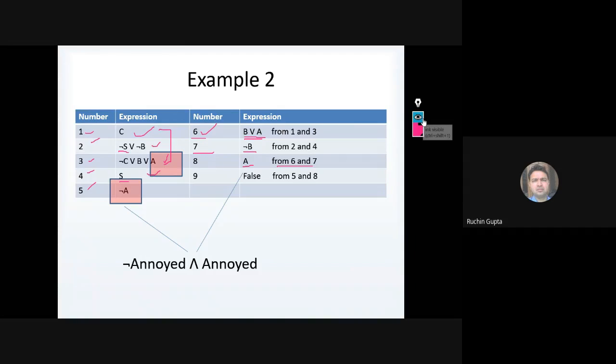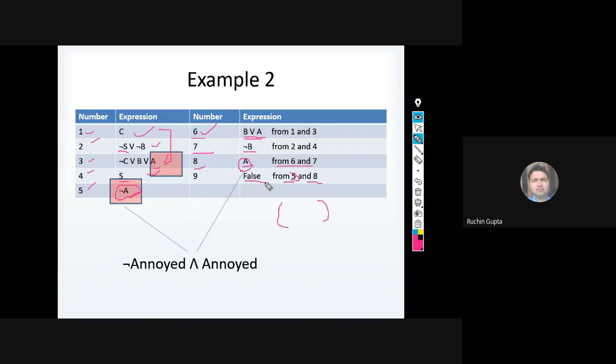Now when I take 5 and 8, 8 is A, and 5 is negation of A. When I take this A and negation of A, they will cancel out, and I will get an empty clause.